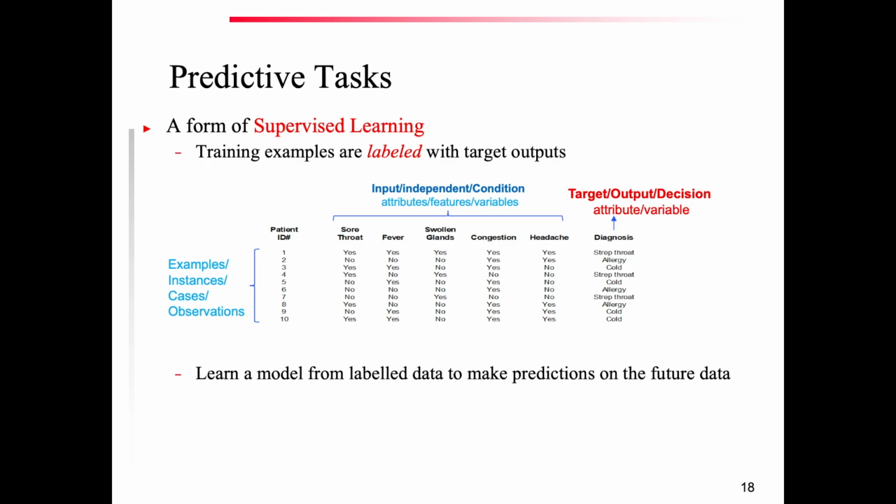So depending on these attributes, you can predict whether a patient has a cold, allergy, or other disease. So the goal is to learn a model from labeled data to make predictions on the future data.